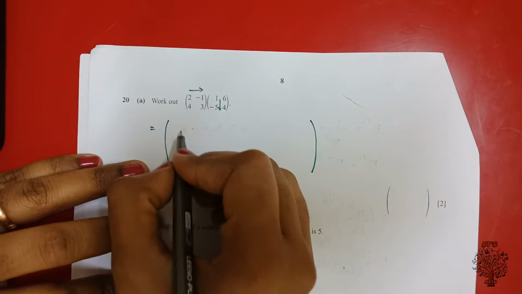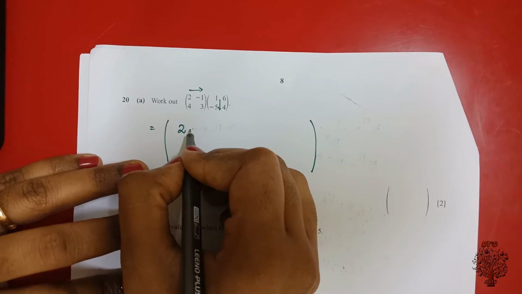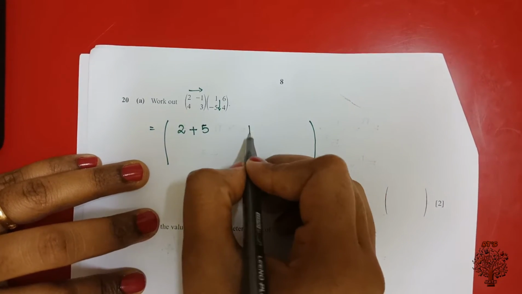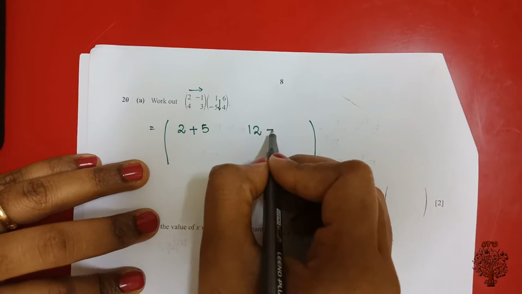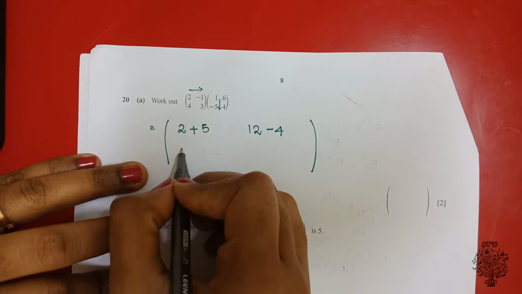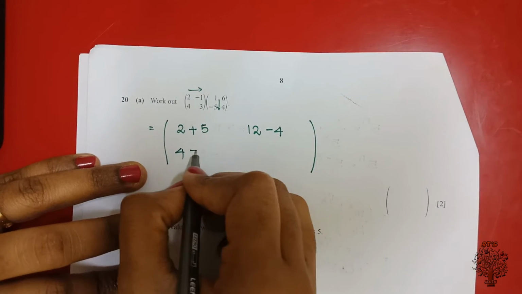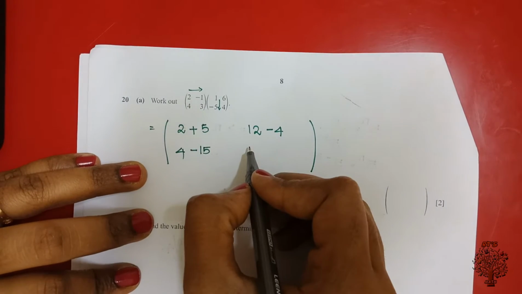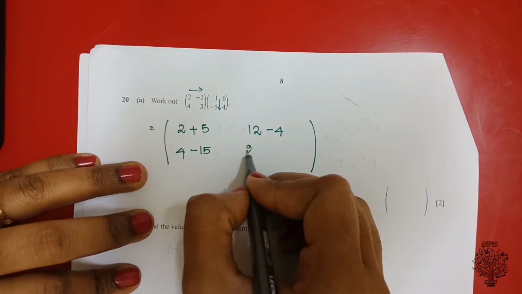I'll be doing it manually. 2 multiplied with negative 5... negative 1 multiplied with negative 5 is positive 5. 2 multiplied with 6 is 12. Negative 1 multiplied with 4 is negative 4. Now second row, first column, 3 multiplied with negative 5 is negative 15. 4 multiplied with 6 is 24.